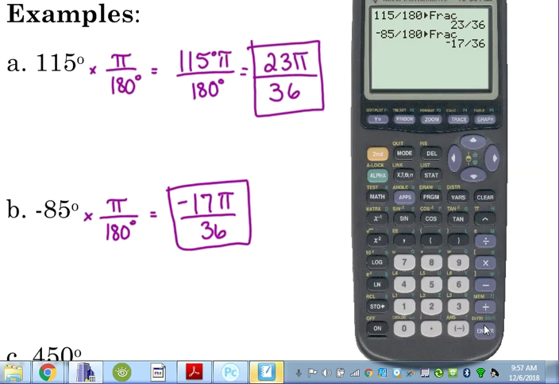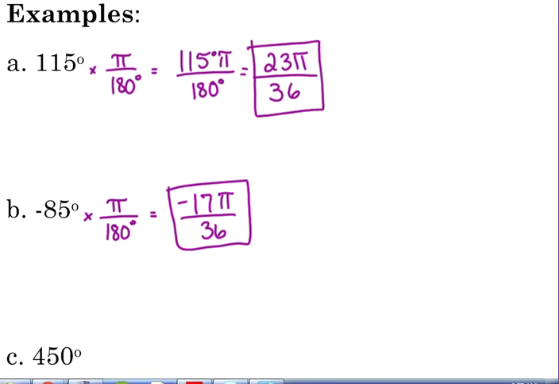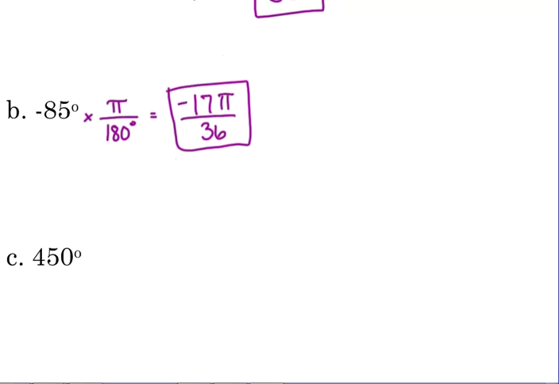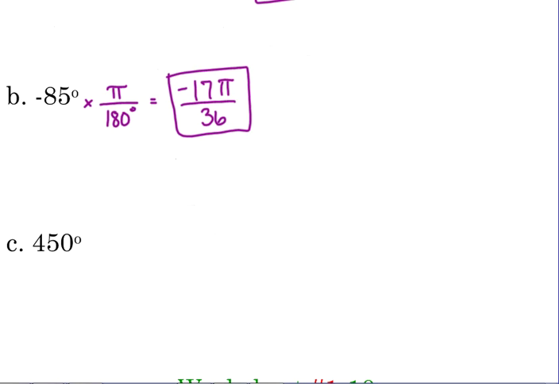Now, they're not always over 36. Those were just because of the way it reduces with the 180, because it ended in a 5. So let's look at one that doesn't end in a 5. And it is possible, again, we're not going to get into why, you'll learn that in pre-calc, to have degrees that are greater than 360. It has to do with multiple rotations.